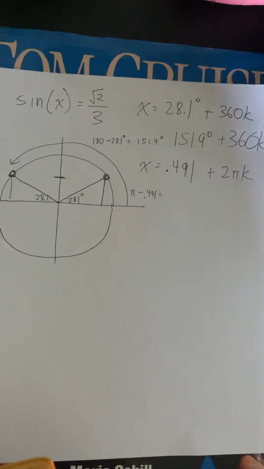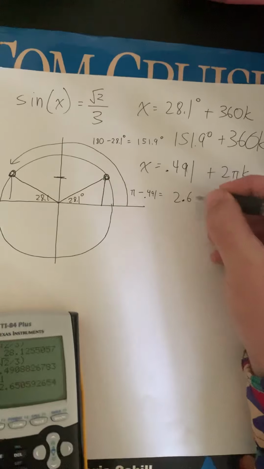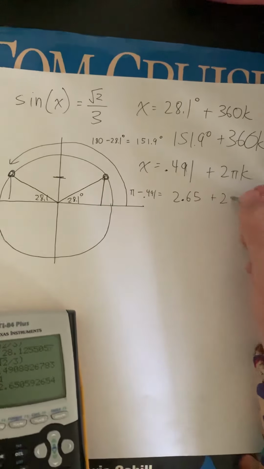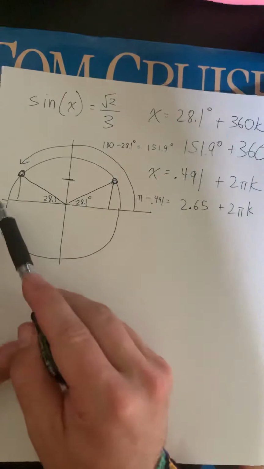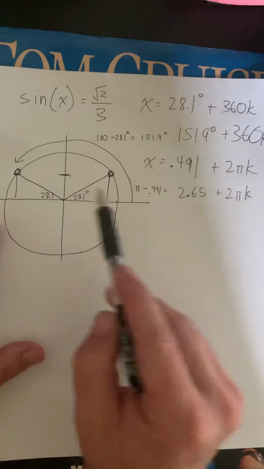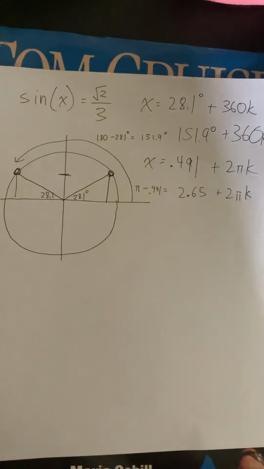Here, absolutely, going to the calculator, pi minus 0.491, and I got 2.65 radians. Kind of makes sense to me because I know a full 180 is pi, aka 3.14. So if this is 3.14, then 2.7, it's getting close to it, kind of looks right. So once again, this was a no calculator problem. You still draw the picture because it helps you figure out both of the triangles that you need.